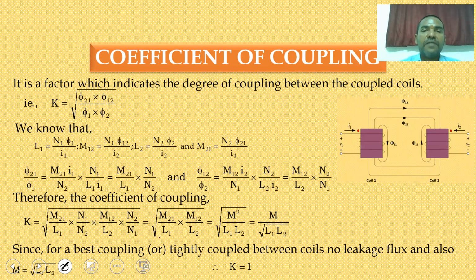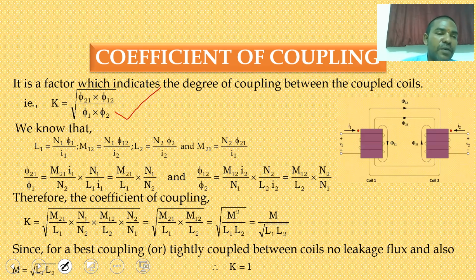Phi1 and phi2 are the fluxes purely related to the first coil's total flux and the second coil's total flux. So the K value is the coupling coefficient, or coefficient of coupling.